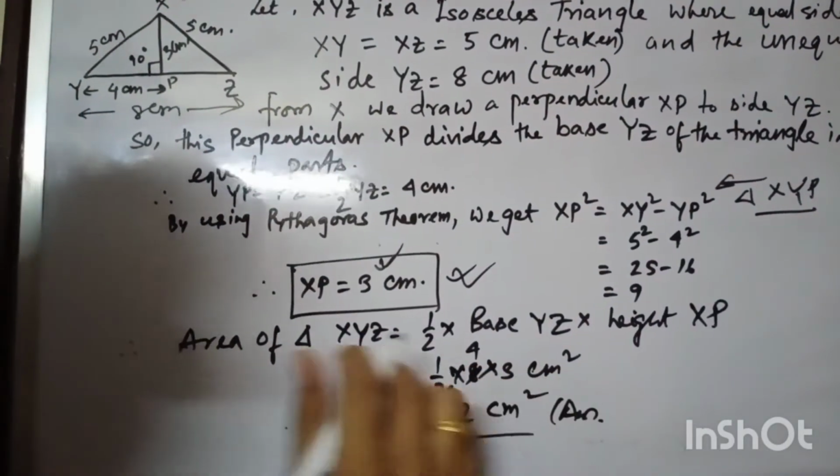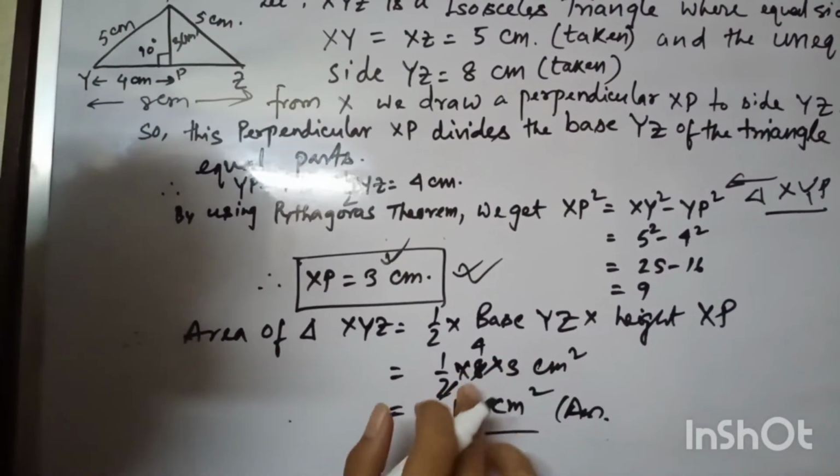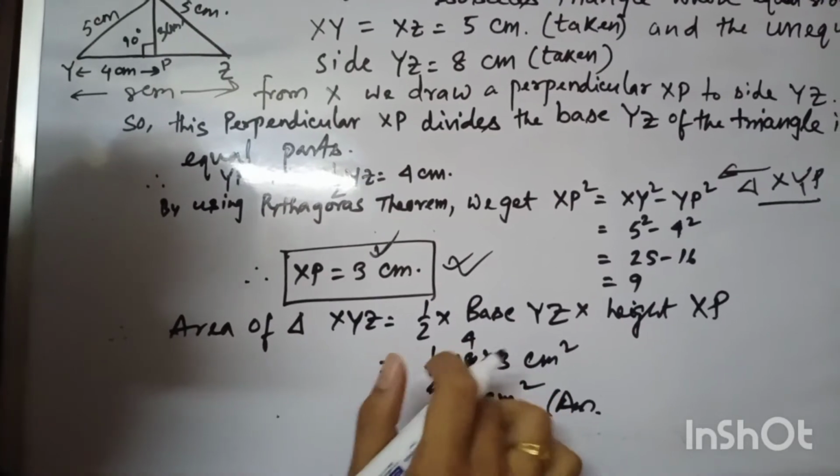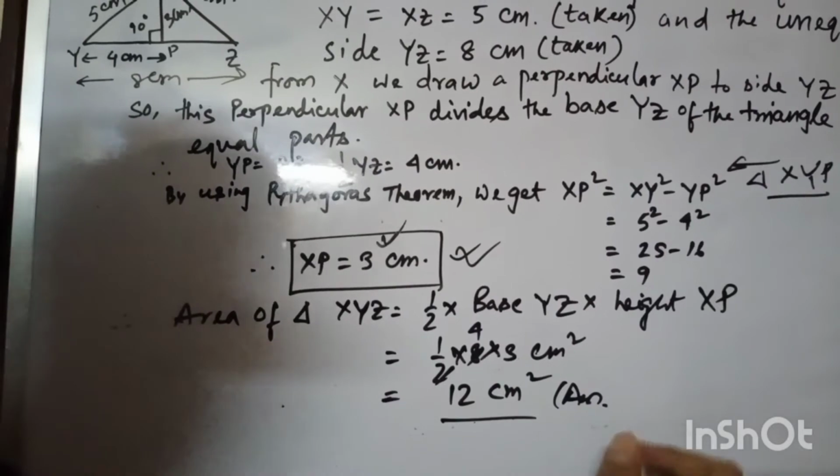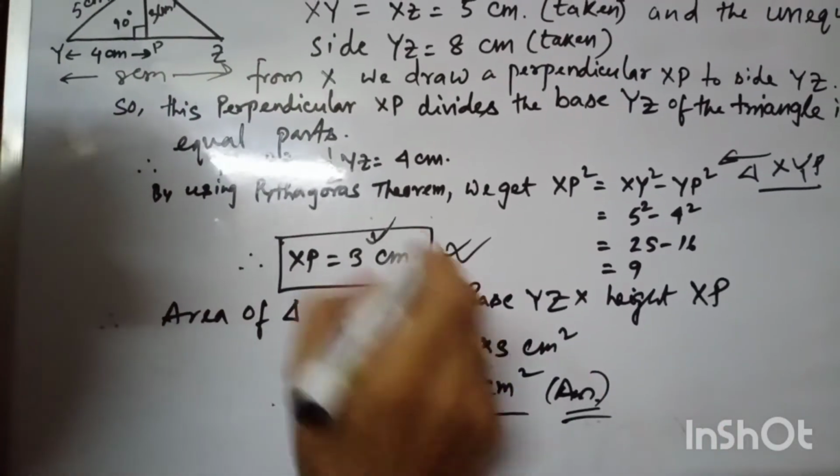So putting the values in this formula, half into 8 into 3 is equal to half into 8, cutting, 4 into 3 is equal to 12 centimeter square. This is the answer for this isosceles triangle.